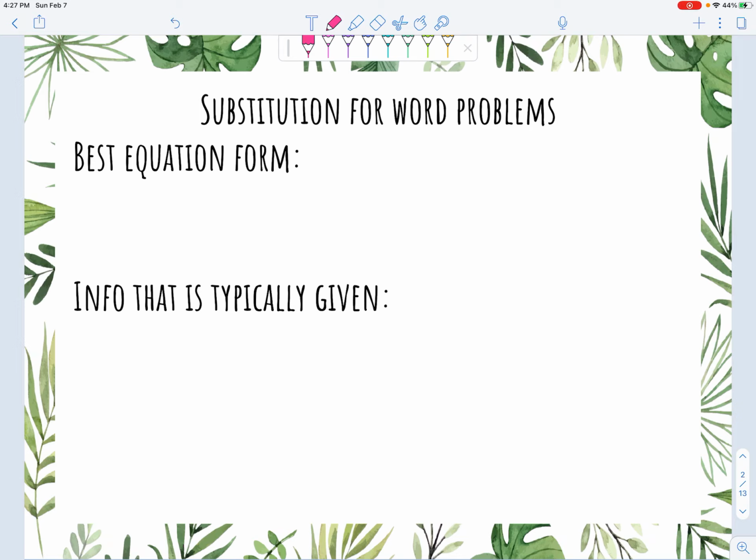So when you're using the substitution method, typically the way that a word problem is going to give you the linear equation, they're going to give it to you in slope-intercept form, usually. And remember that this is the form y equals mx plus b.